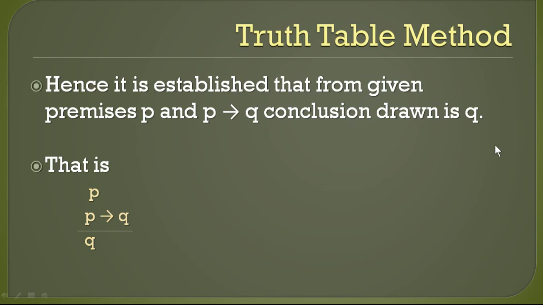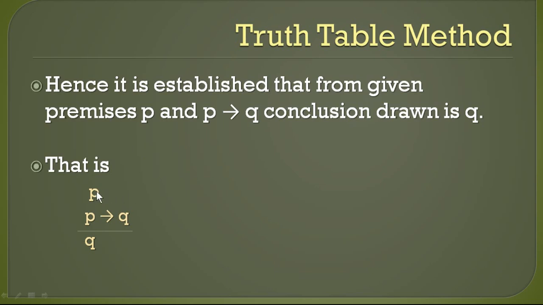After writing the conclusion, you write: hence it is established that from the given premises P and P implies Q, the conclusion drawn is Q. This is the final declaration. You declare that the conclusion is established.